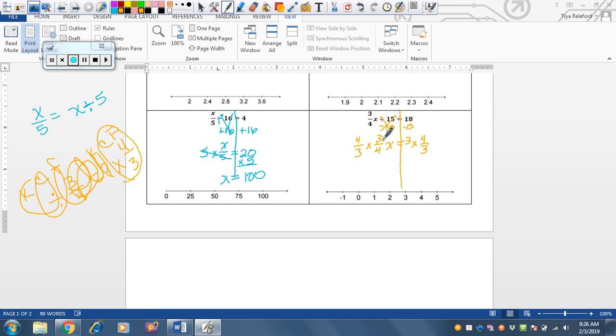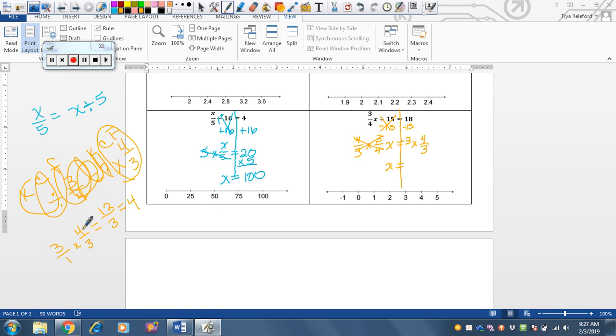These cancel out. They equal 1 when you multiply. So they're opposites, they cancel out. 3 times 4/3 equals 4. And guys, don't get upset about fractions.